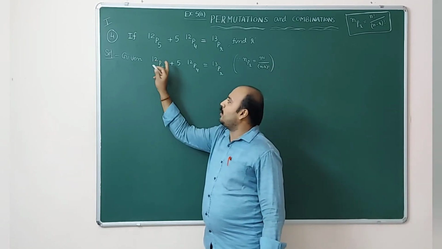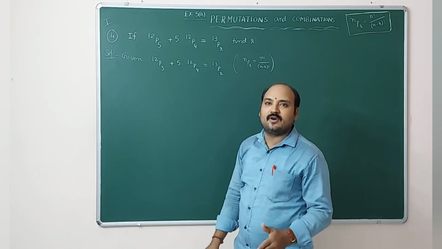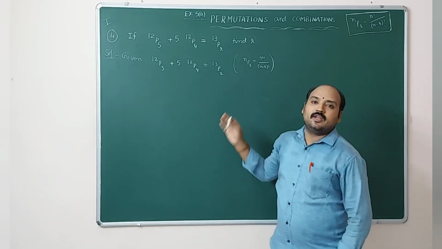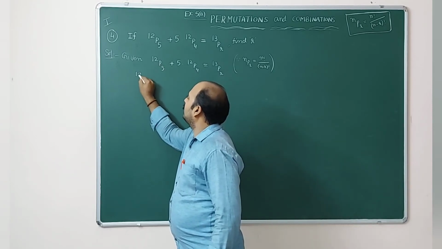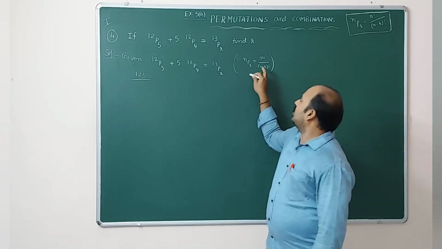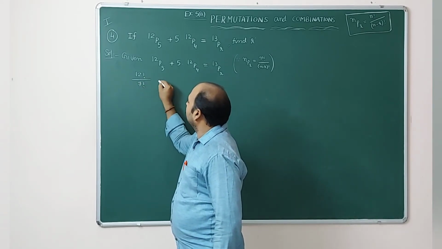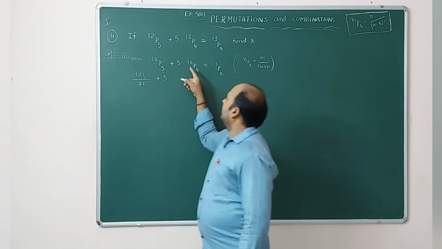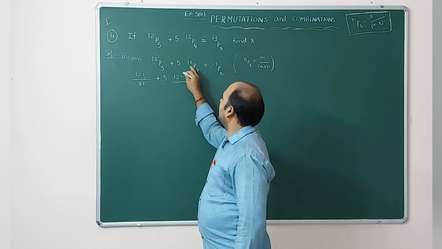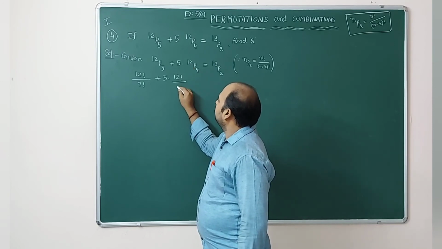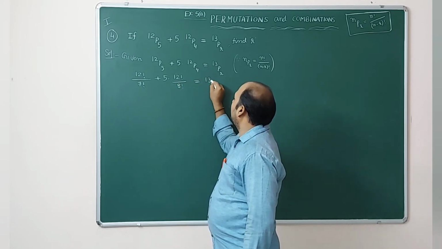So here, for this question I am going to explain two methods. One is by using this type of formula, the standard result. 12P5, so 12 factorial divided by (12-5), so 7 factorial, plus 5 into 12P4, 12 factorial divided by (12-4), that means 8 factorial, which is equal to 13Pr.